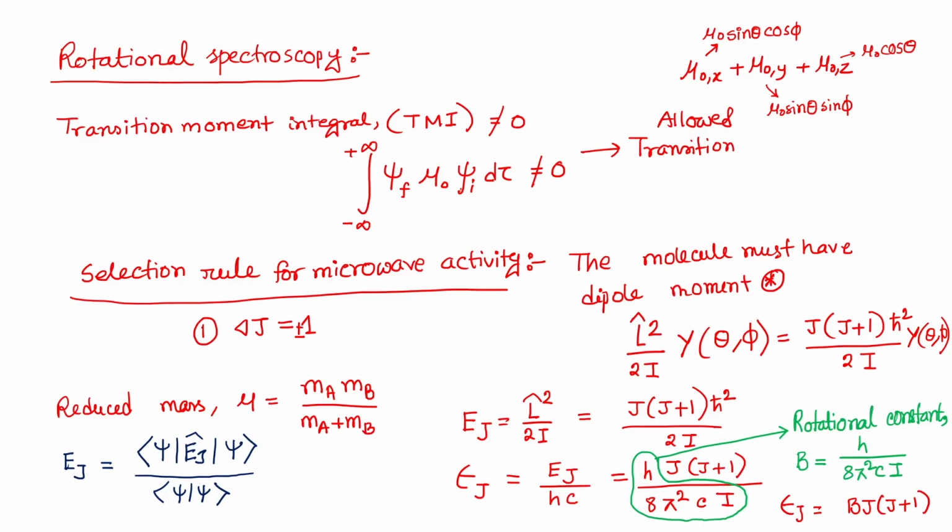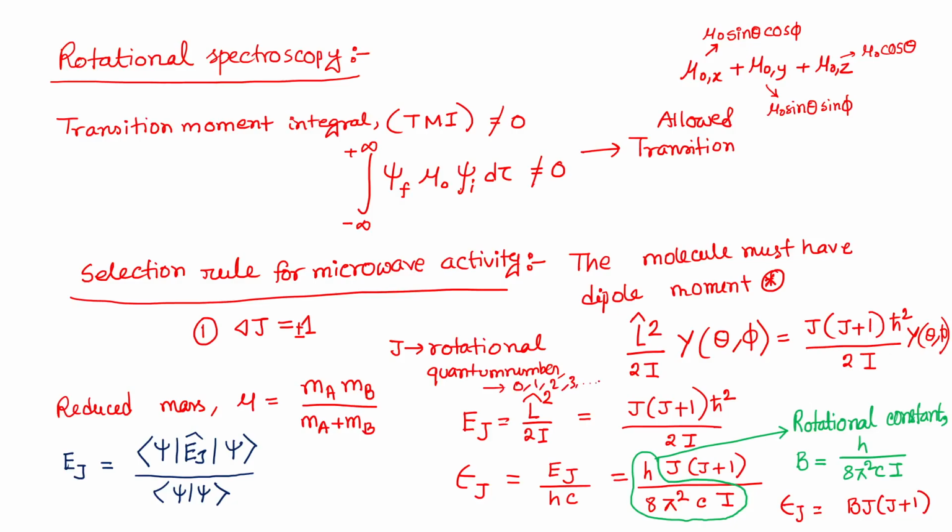Now, what else do we want to know from rotational spectroscopy? What could be the values of J? J is your rotational quantum number, not constant. It could start from 0 and go to 1, 2, 3, like that.